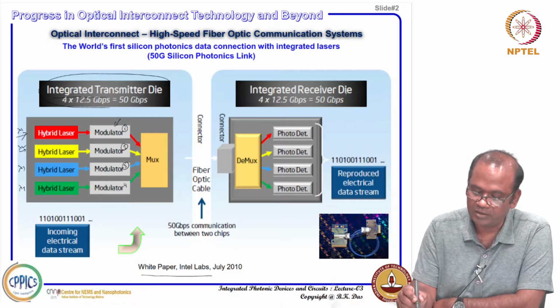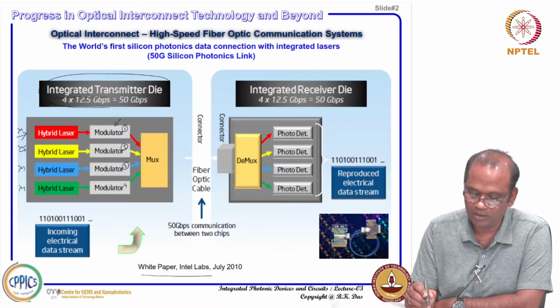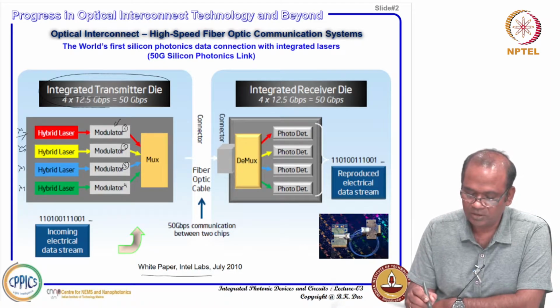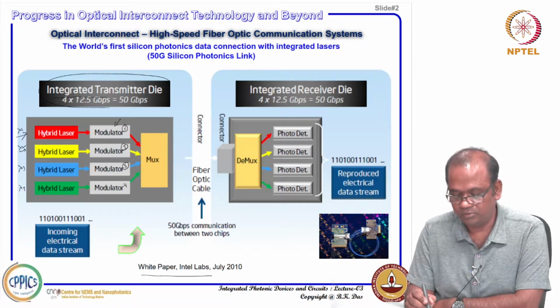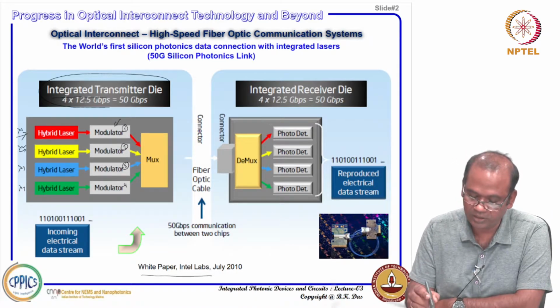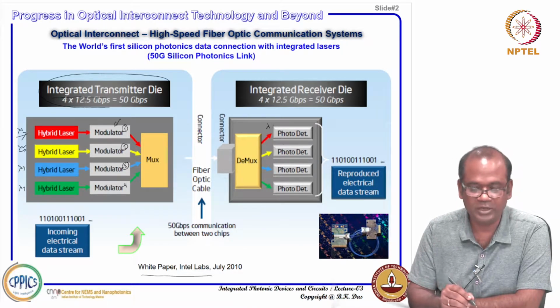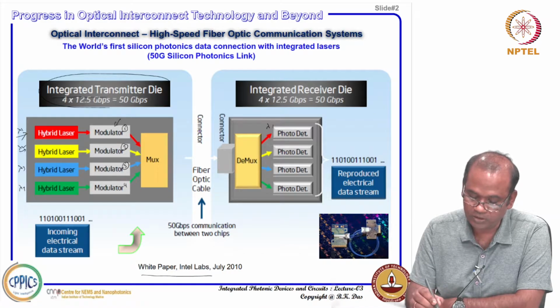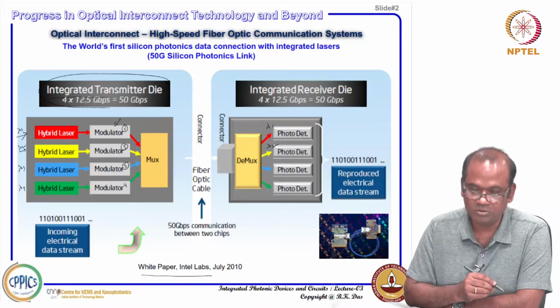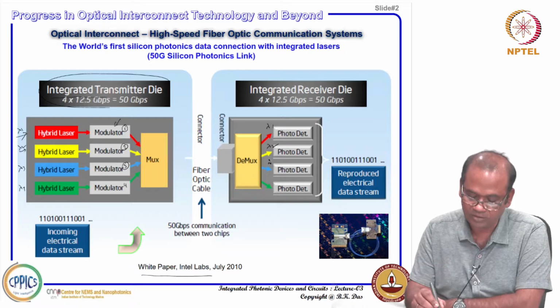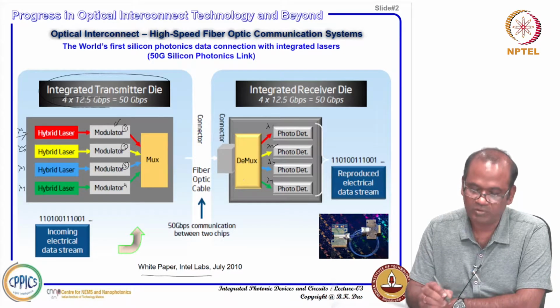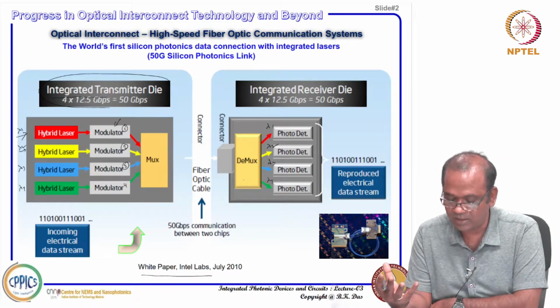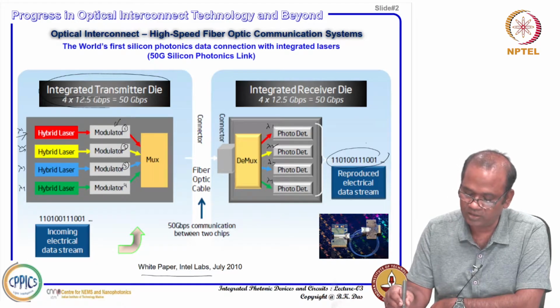Wherever you need it, you can have an integrated receiver die, where you can demux this. This photodetector detects the lambda 1 wavelength, whatever data is coming in, and this photodetector detects lambda 2; you can just separate them, lambda 3, lambda 4. So, you can recover the data stream again, and this can be digital data, as shown here.